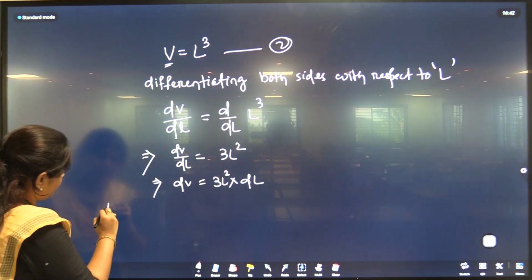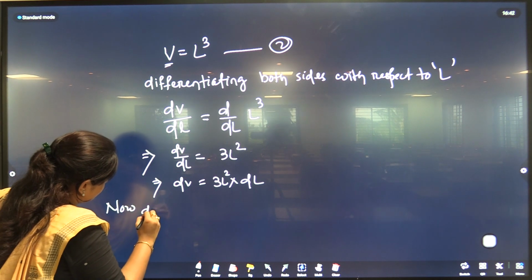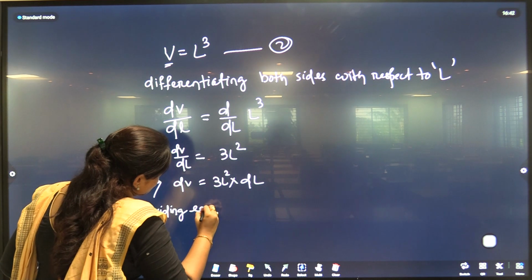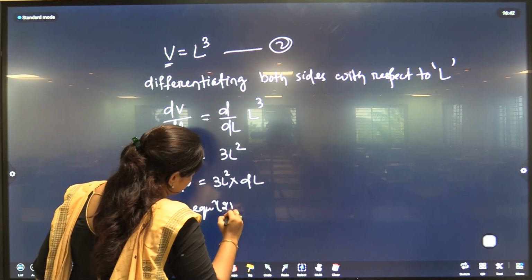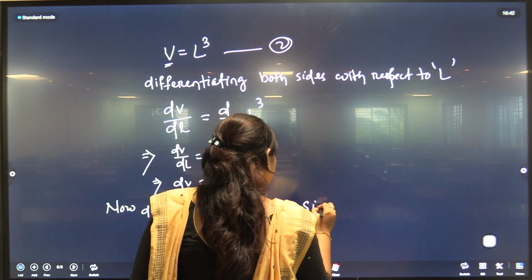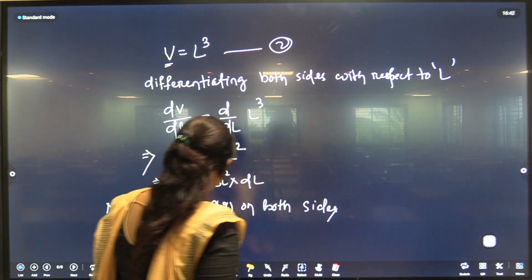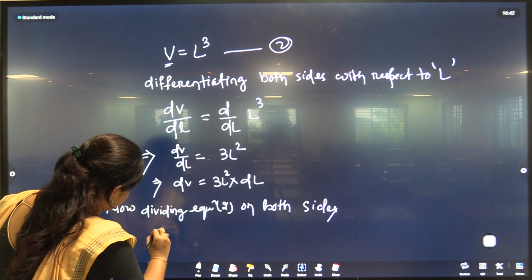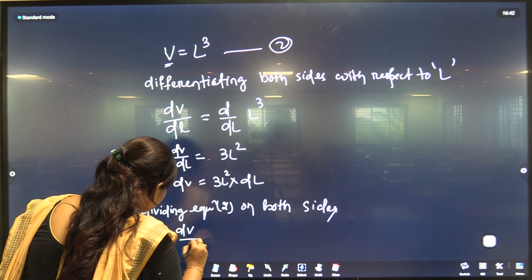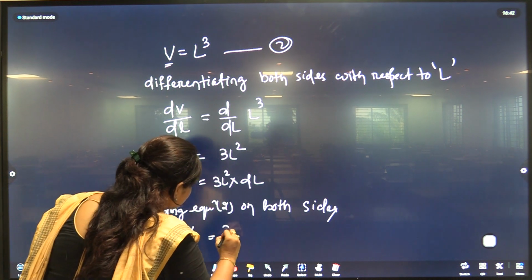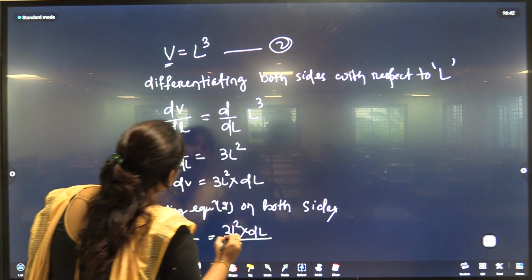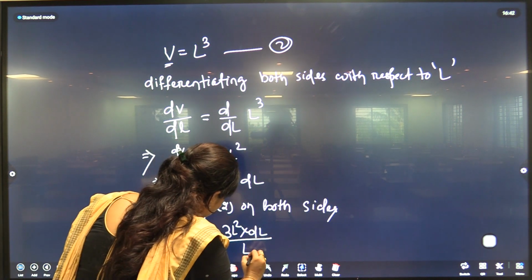Now, dividing equation 2 on both sides, dV by V equals 3L square into dL by L cube.